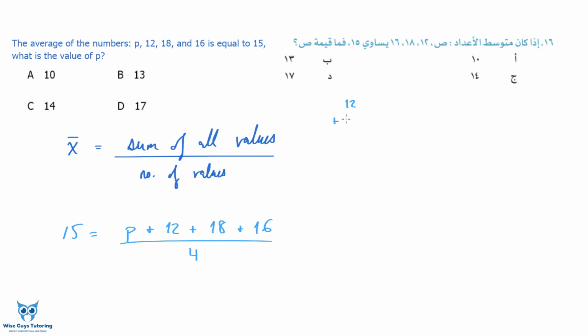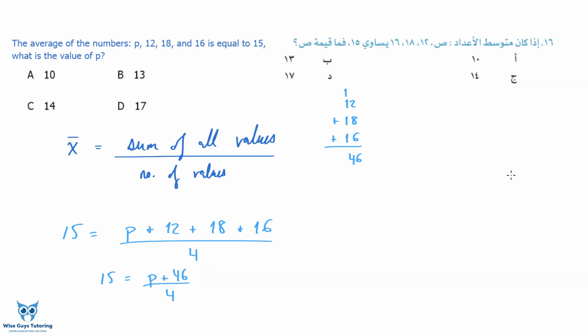So 12 plus 18 plus 16, how much is that? 2 plus 8, that's 10, plus 6, that's 16. So you can't write 16 here, you put 6 and you have to carry the 1 up. So 1, 1, 1, 1, that's just 4. So we have 46 up here. So I'm just going to change it a little bit here. 15 equals p plus 46 divided by 4.